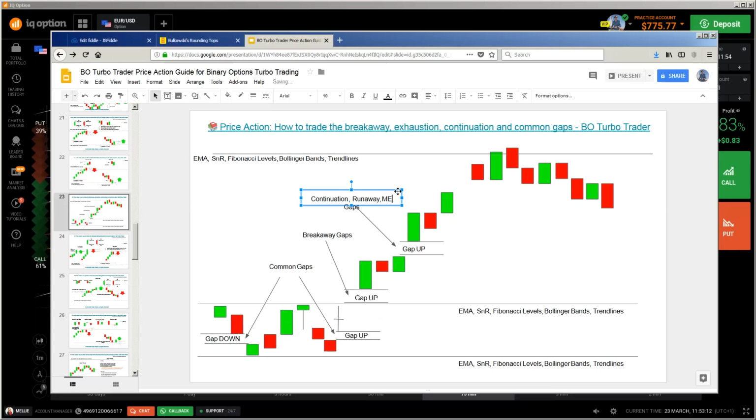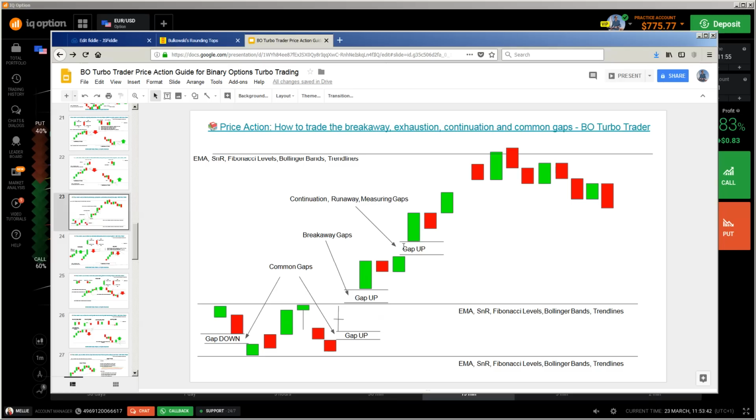I don't know why they give the same thing so many different names. To be honest, I prefer continuation, because you see it's a continuation of this uptrend. But in case you hear the other names, runaway and measuring, you know they mean a continuation gap.